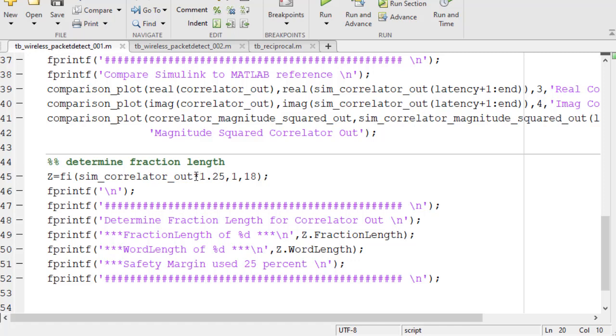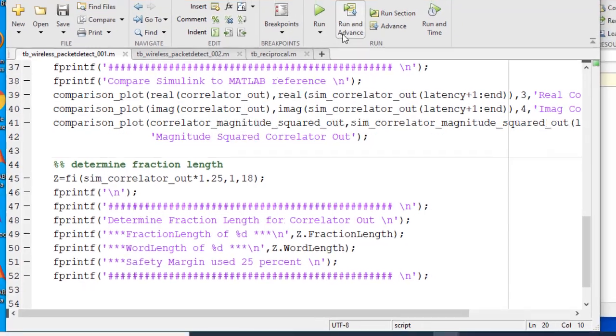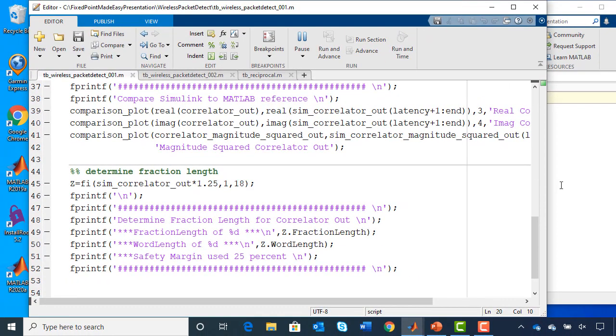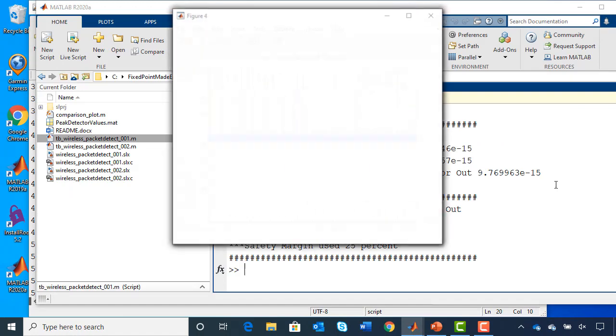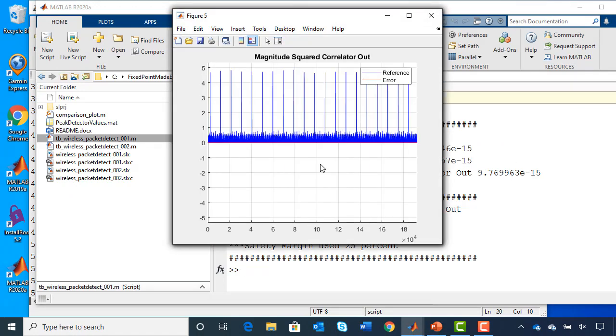We'll scale it by 1.25, which means we'll give it a range that's 25% larger than what we logged it. And we can actually quantize that to an 18-bit number and take a look at what number of fractional bits we can have and still not get overflow. So let's give that a run. Okay, and let me just show the Simulink model.